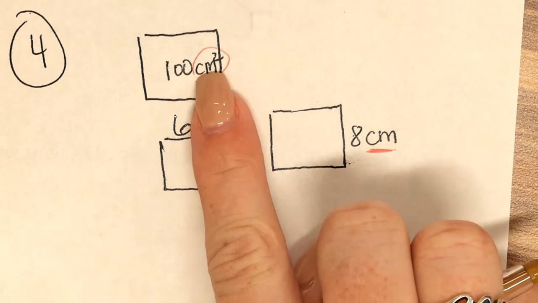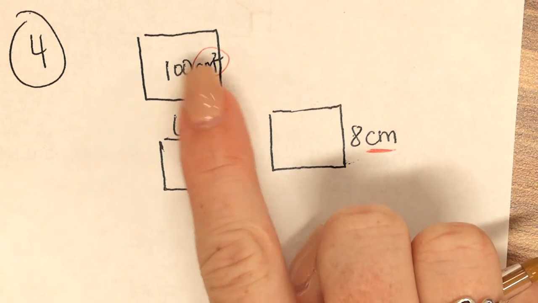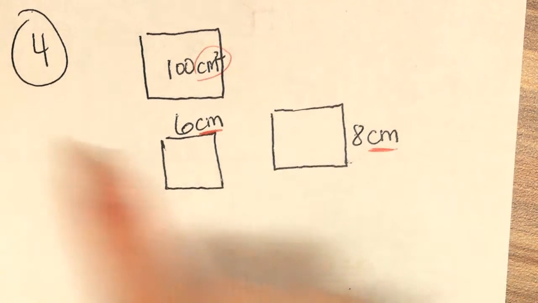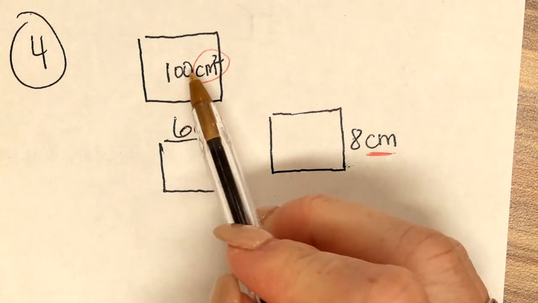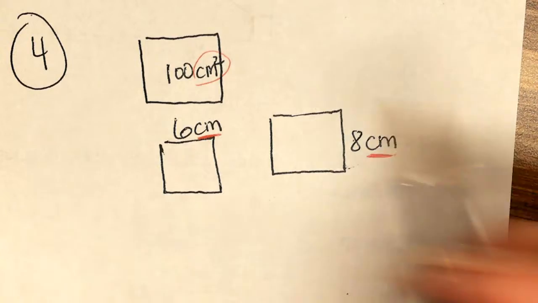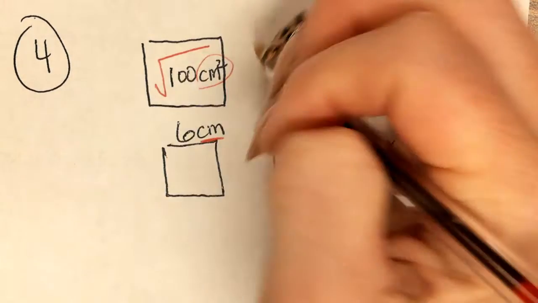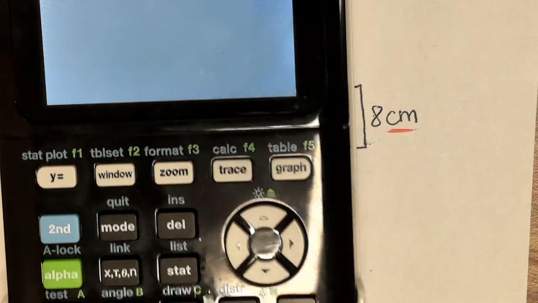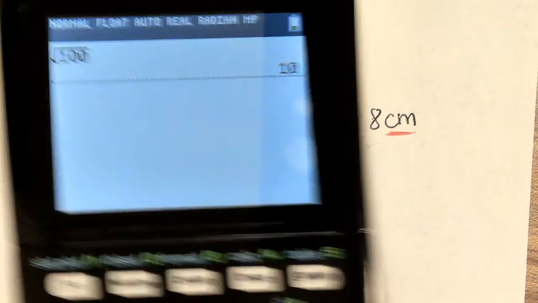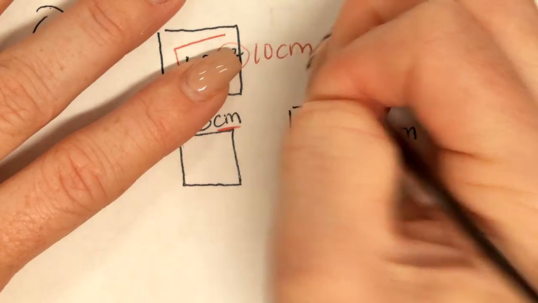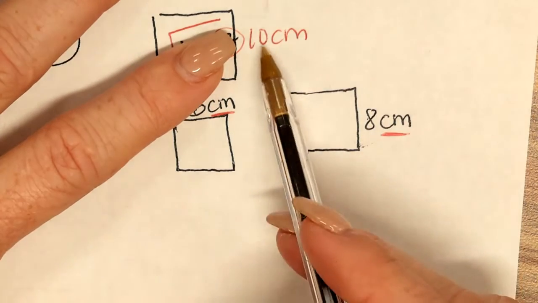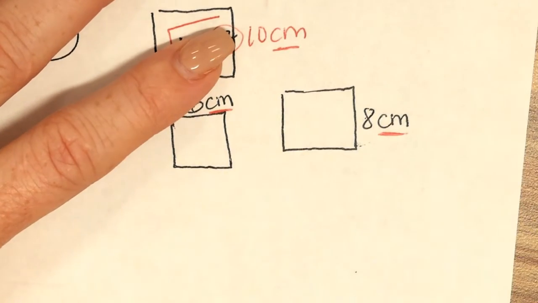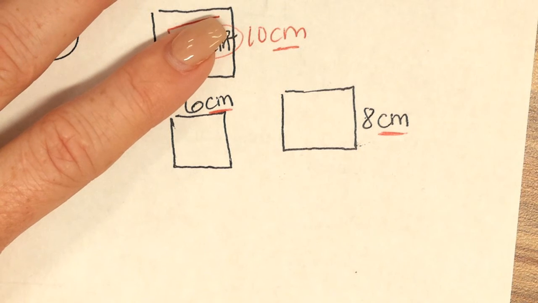They already squared this one. So if you want them to all look the same, you could simply square root that. What's the square root of 100? 10. So if I square root 100, look, it's 10. So if you want them to all look the same, simply make sure that they all just say centimeters or inches. If they say inches squared, that means it's already squared.